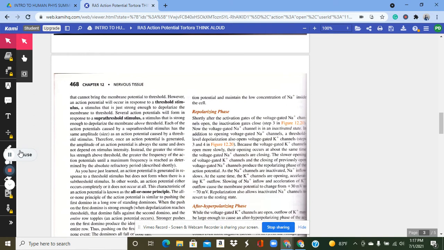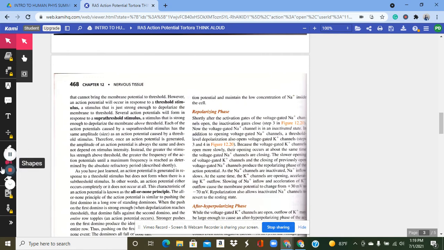So yeah, threshold stimulus is just the minimum stimulus that is needed to achieve an action potential. And the suprathreshold stimulus is the stimulus that is large enough in magnitude to produce an action potential.